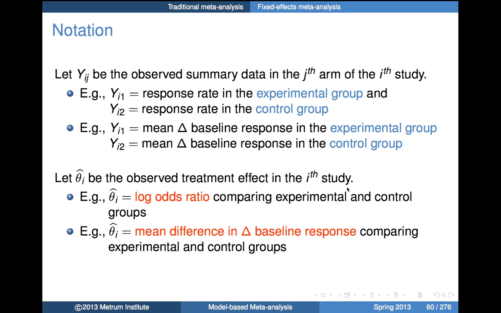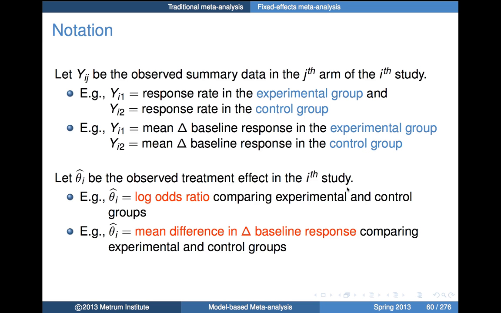So in the subsequent slides, if I use something like yi1 and yi2, those would denote things like the response rate in the experimental group or the response rate in the control group within the ith study. That might be for a study where the outcome is a binary outcome. If we have a continuous outcome, yi1 and yi2 might denote things like the mean change from baseline response in the experimental and control groups in the ith study.